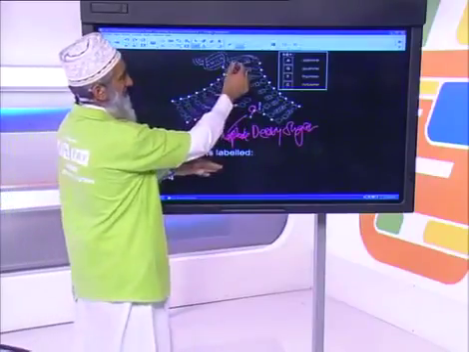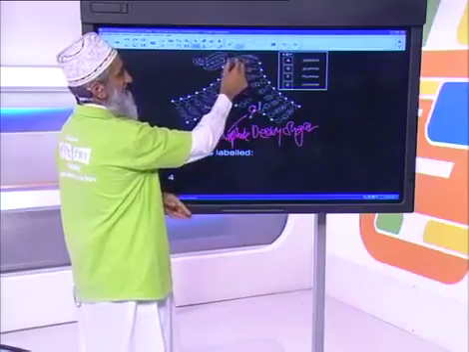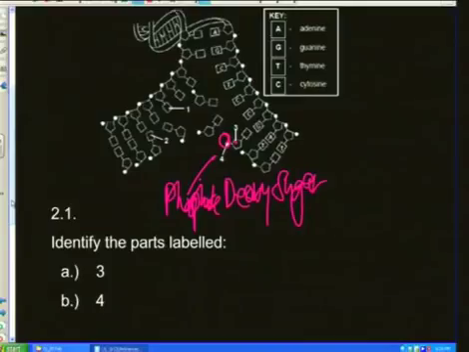If this is the strand and it starts there, then obviously that one combines there, there, there, there, there, etc., and there. Okay? That's how the molecule was originally.